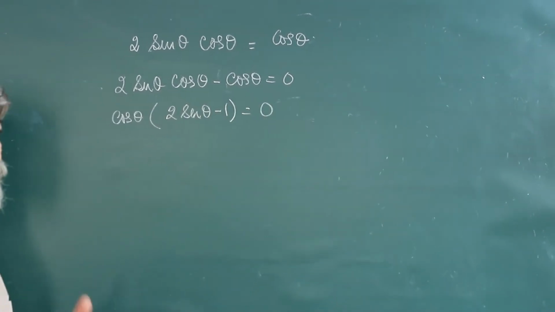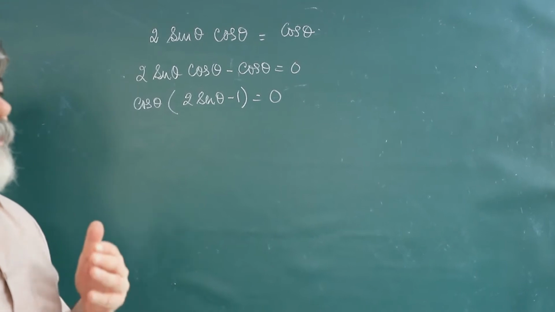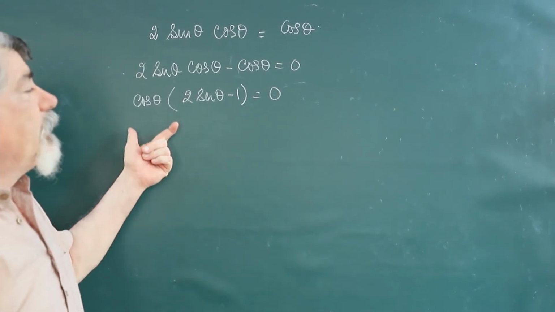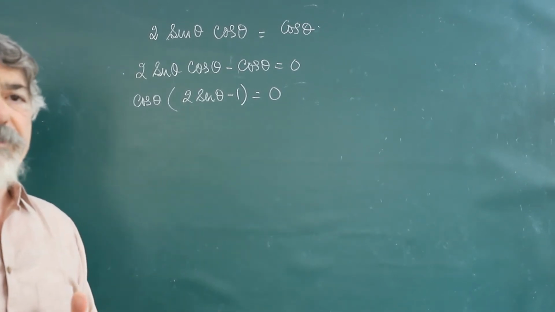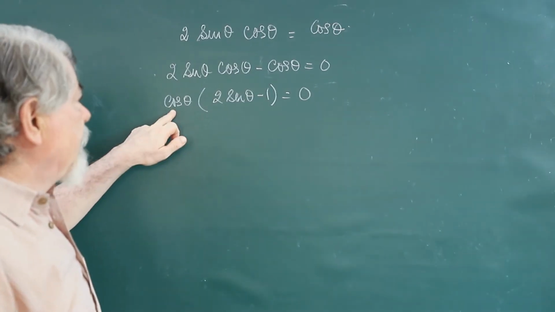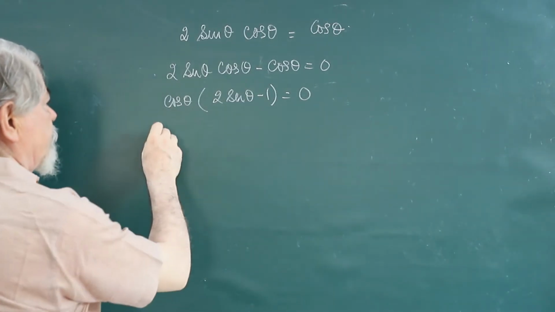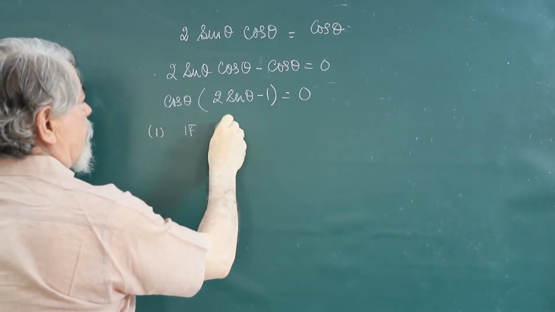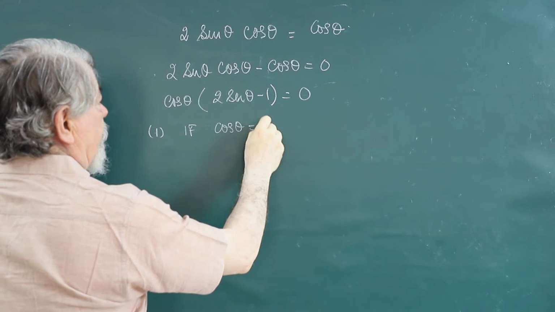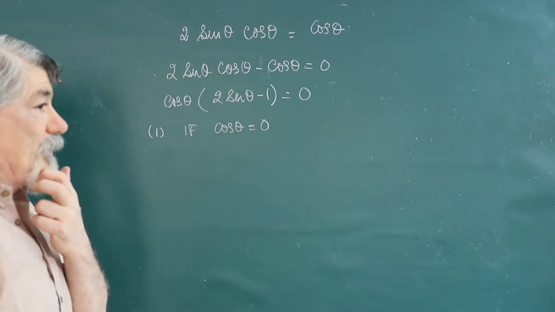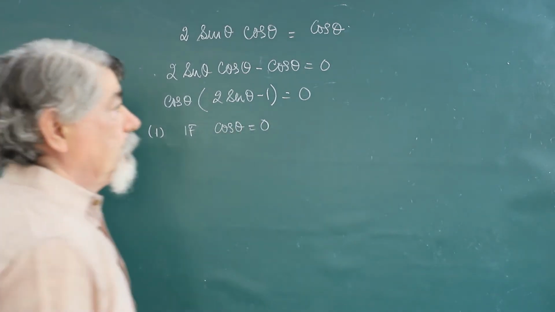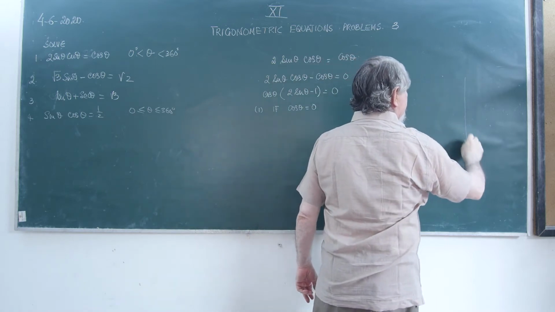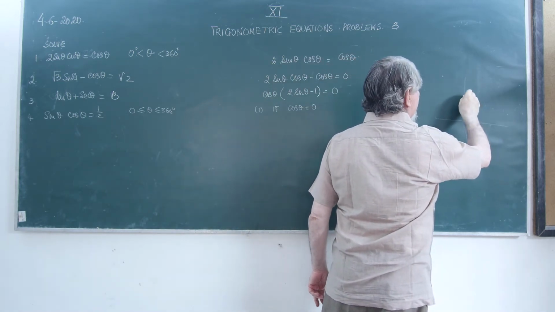When the product of two numbers is 0, one of them has to be 0. Like if cos theta is 0, we had told you that cos theta is 0 always when it is an odd multiple of pi by 2.